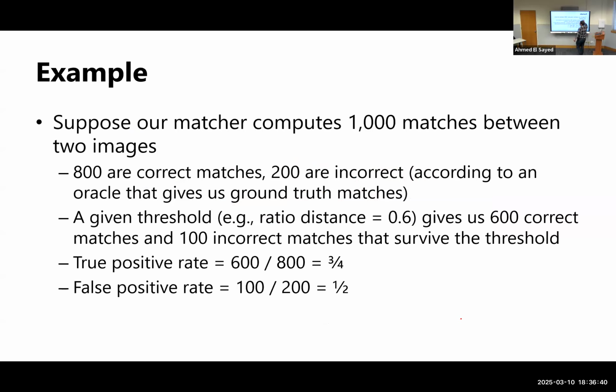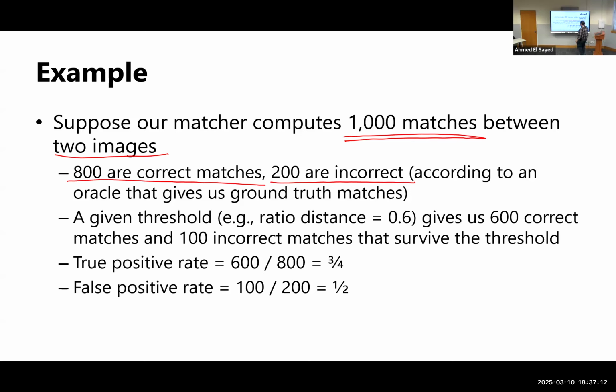Assume that we have two images. Each one of them has 1,000 features. And we want to find the match between those 1,000 points. 800 of them are correct after the match. 200 are incorrect.